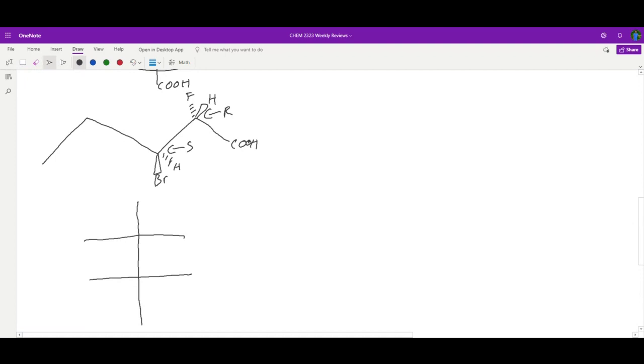I believe different professors have different ways of explaining what goes on top. Some people say the least oxidized form. Some people say the heaviest on top. So we're gonna do COOH on top, and we're gonna do C2H5 here.